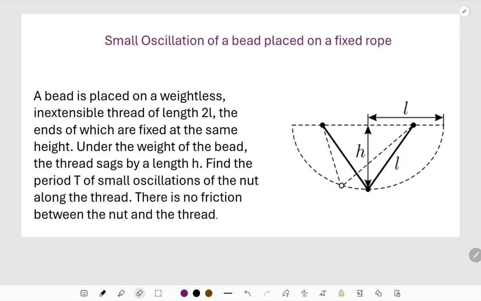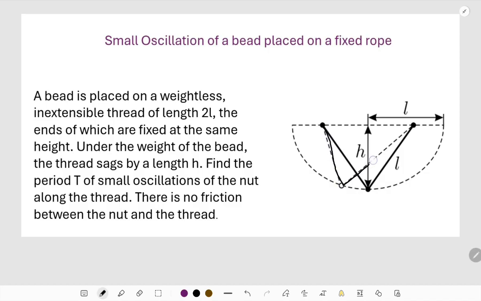Of course you can, because the bead moves along a curve. And I have to find that curve. I am going to find it like this: at any moment the sum of distances from the points of attachment at the ends of the thread to the location of the bead is constant.